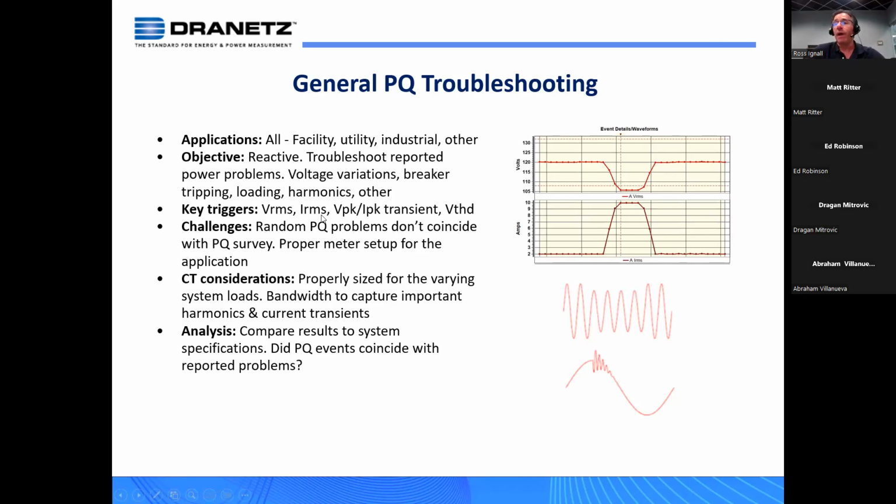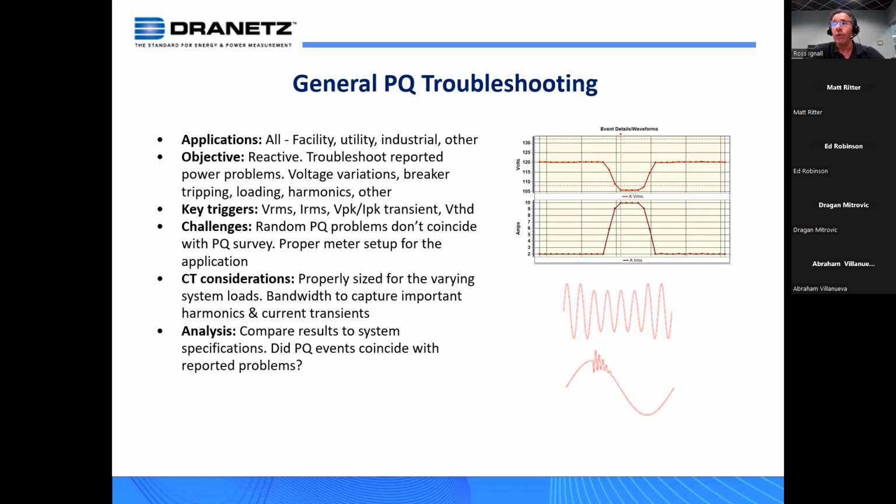The key triggers involved, well, this could really be anything, and it really depends upon what that problem is. But basically, you are setting it up for voltage and current RMS. So sags, swells, transients, and possibly changes in RMS. Usually people aren't triggering on that, but the journal and the periodic limits that are given by the meter is more than enough to look at that. You can get the minimums and the maximums.